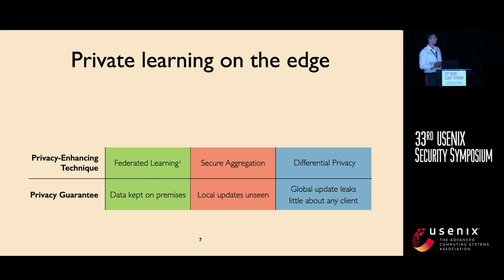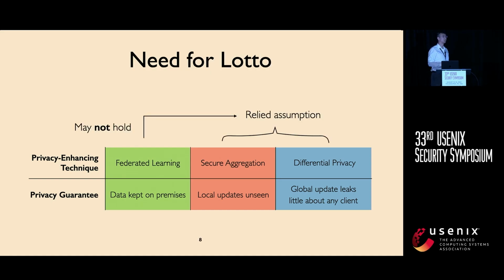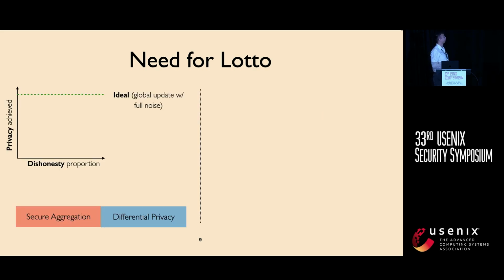So far so good. It seems that we have all the necessary components for private learning on the edge, but actually simply stacking them together may fail in privacy. This is because the underlying assumption on which secure aggregation and differential privacy rely may not hold in FL.